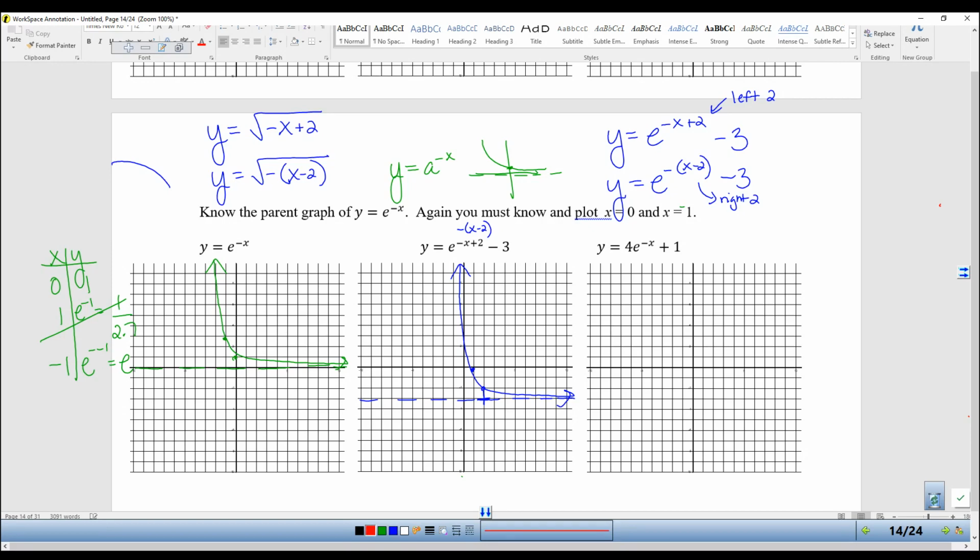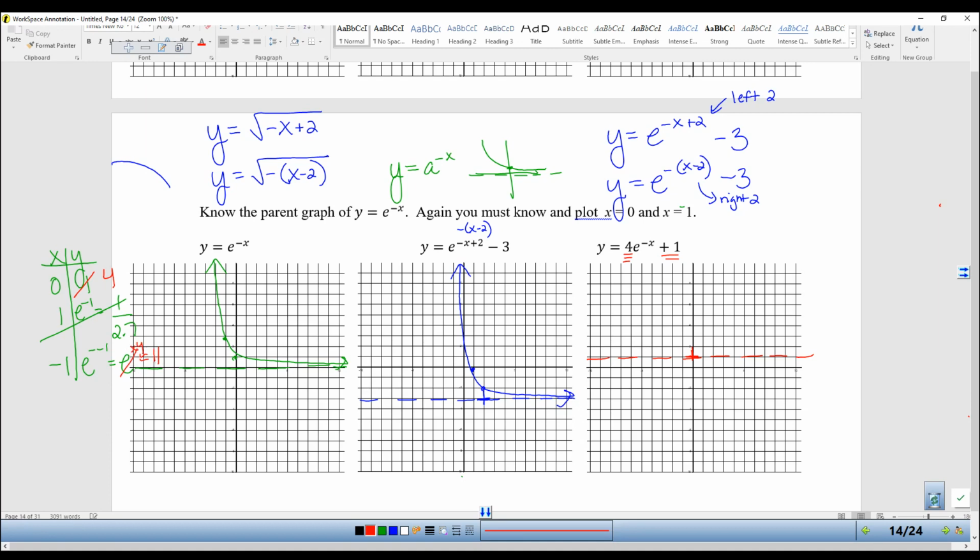And the last one, I have to multiply by 4, and I have to move it up 1. So the first thing I'll do is just move it up 1. That's easy. I make my new origin. I make my asymptote. And then I multiply all of these by 4. So 1 times 4 is 4, and you may recall that last time we multiplied by 4, e times 4 is approximately 11.